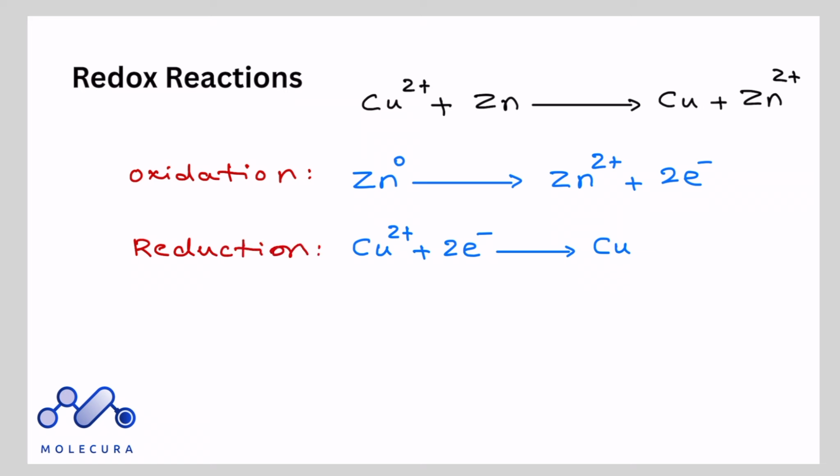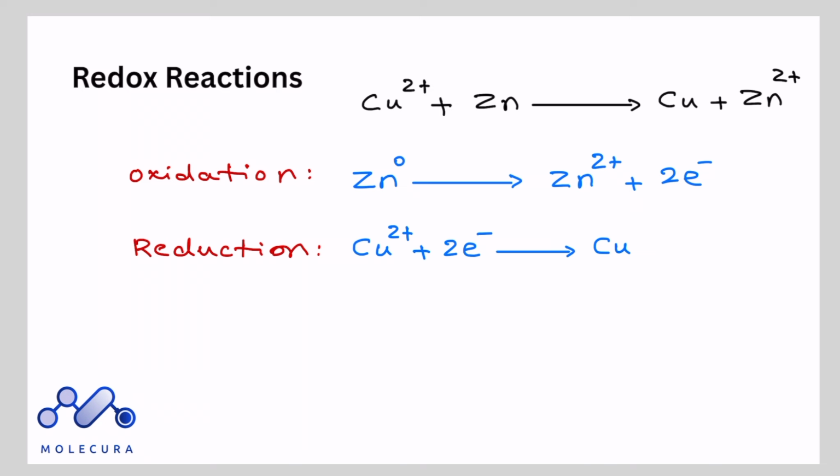Now, there is something about this reaction that we need to know, and it will tell us why in this reaction copper is getting reduced but zinc is getting oxidized. What decides which one gets reduced and which one gets oxidized?